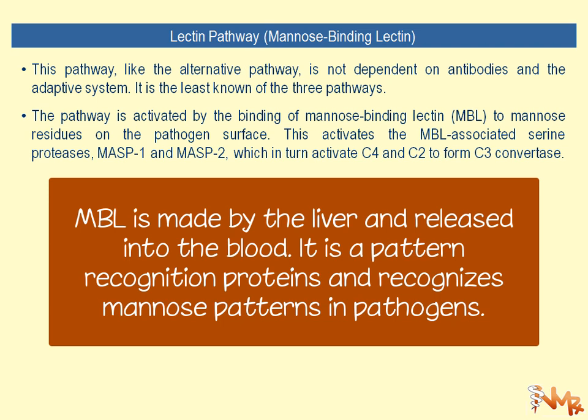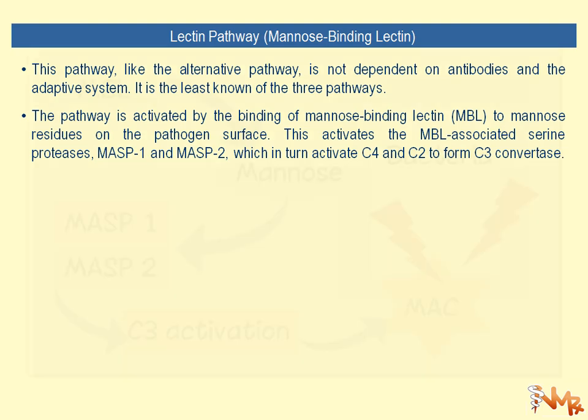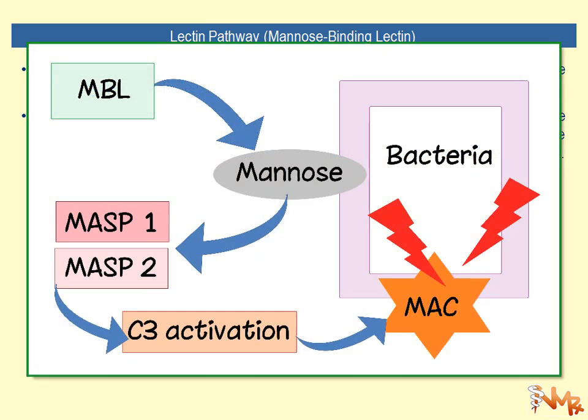This activates the MBL-associated serine proteases. There are two major proteases or enzymes. One is MASP1, which stands for Mannose-binding lectin, M, A for associated, S for serine, and P for protease.